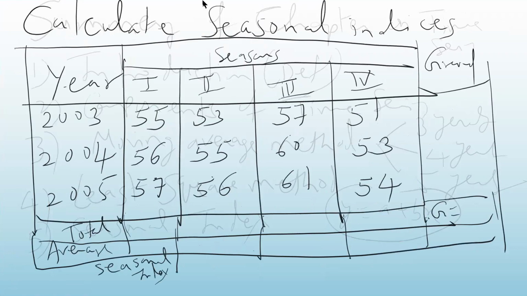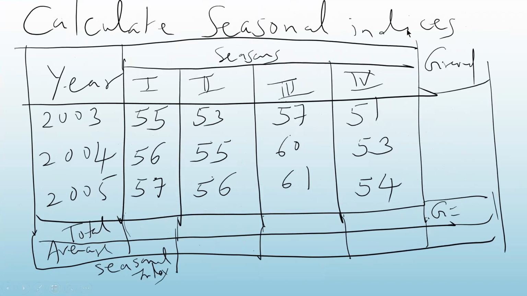So we can take one problem here. Calculate seasonal indices for this time series. So the year is given as, there are 3 years given to you, 2003, 4 and 5. So let me write down this first. Next exercise.